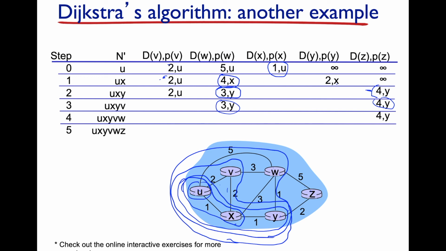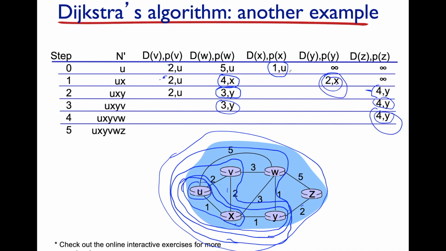It's better to keep the old path going through Y, along the bottom from Z to Y to X, and then to U. So we keep that, and now we add the closest node, the one remaining, Z. Z does not have any neighbors that aren't already in the least cost path, and this is our result. We have our predecessor Y, our predecessor here for X. Let me draw a double circle around it.